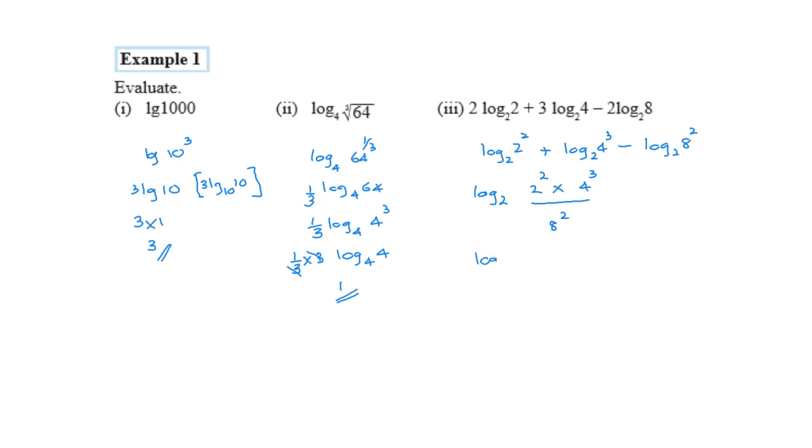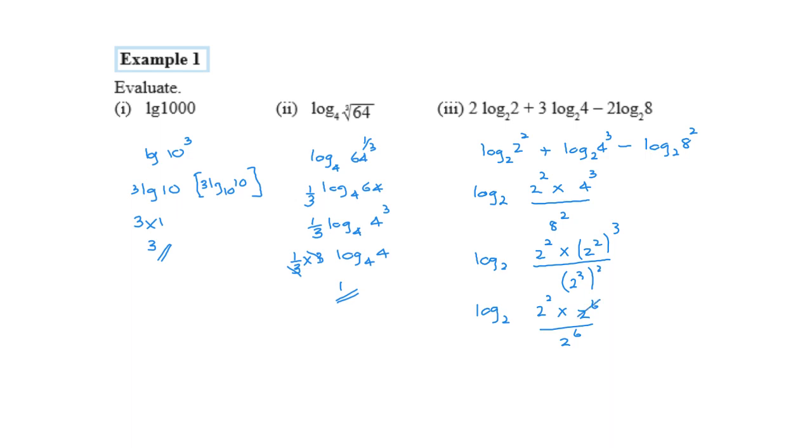Next we can write this 4 in terms of 2 to the power 2, and 8 also as 2 to the power 3. Log base 2, you have 2 to the power 2, multiplied by 2 to the power 6 altogether, and in the denominator you have 2 to the power 6.